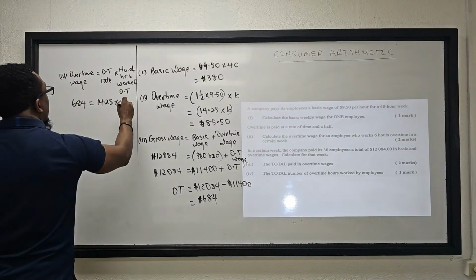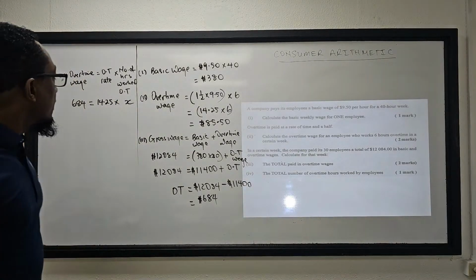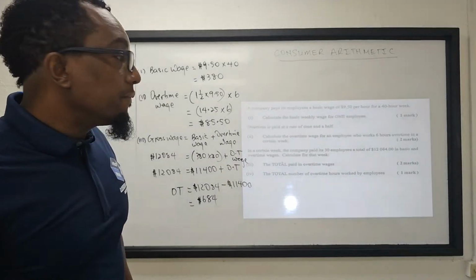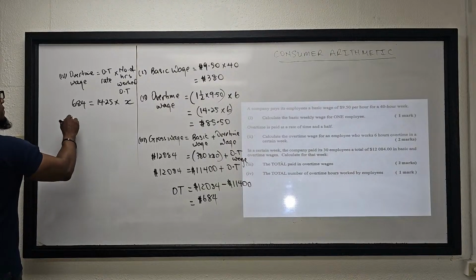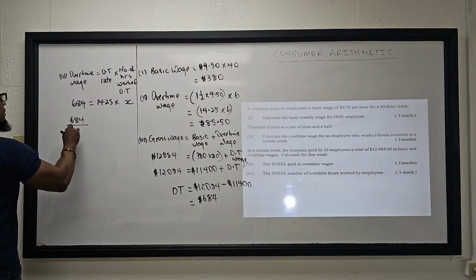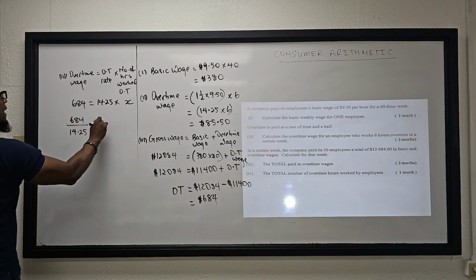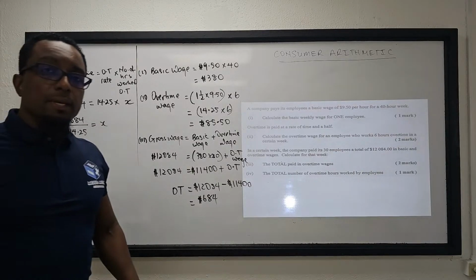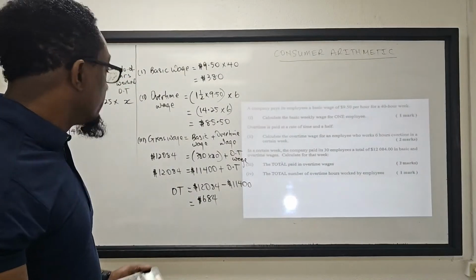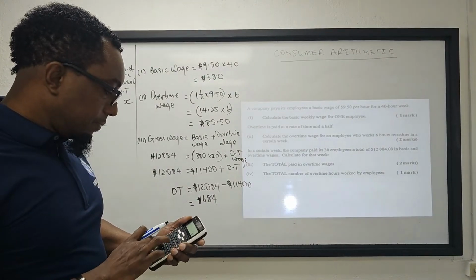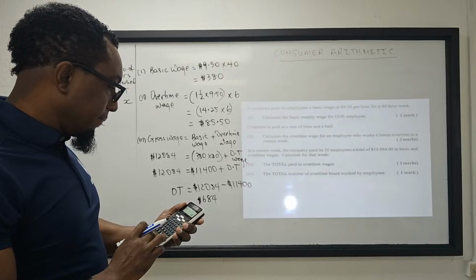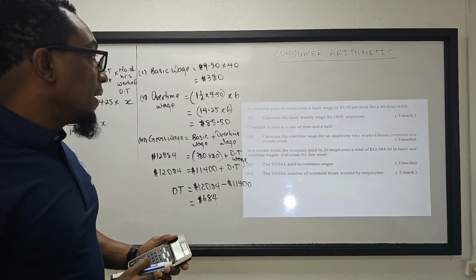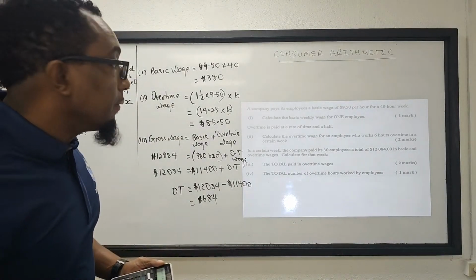I'll put that as X. And therefore to get X, I'm going to do the division: 684 divided by 14.25, which will give us 48.